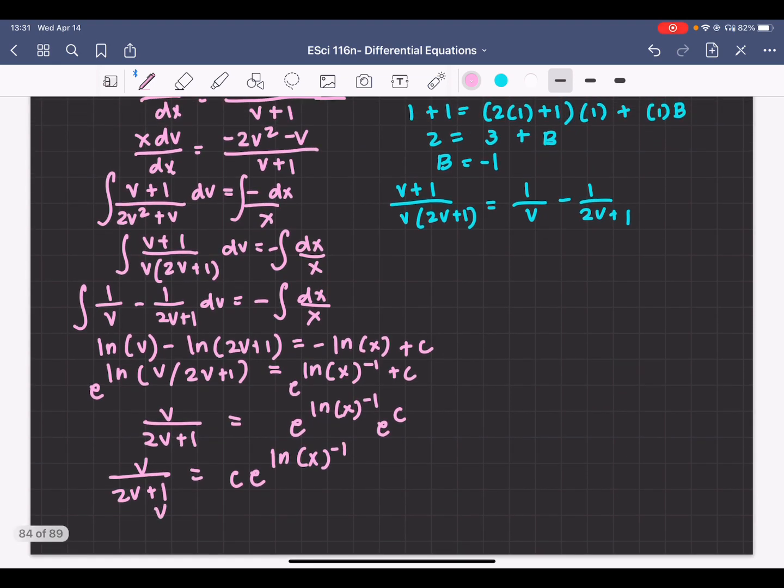Therefore, we have v over (2v plus 1) is equal to C x raised to the power of negative 1.